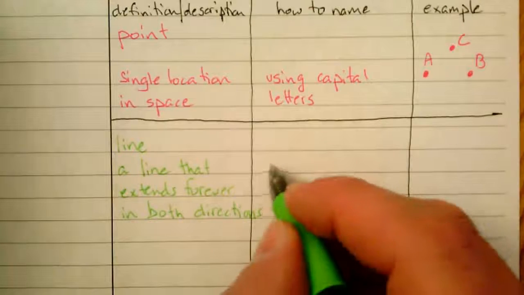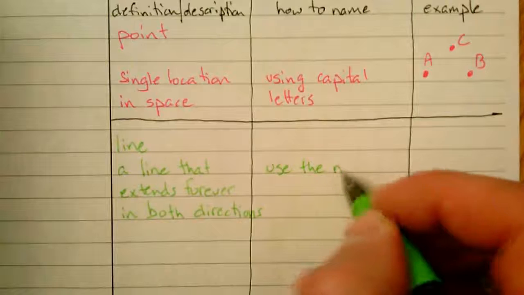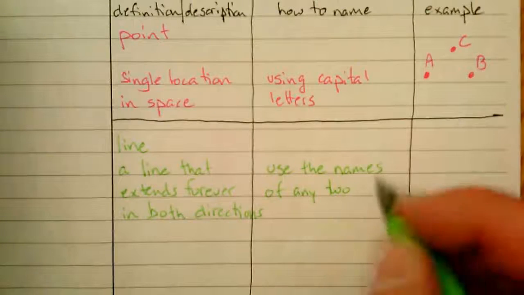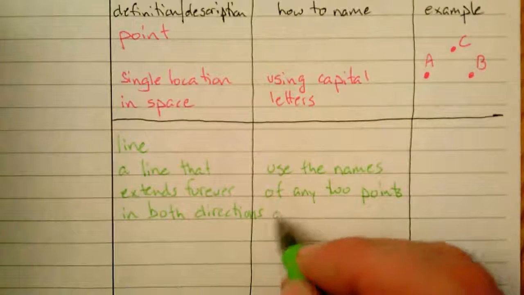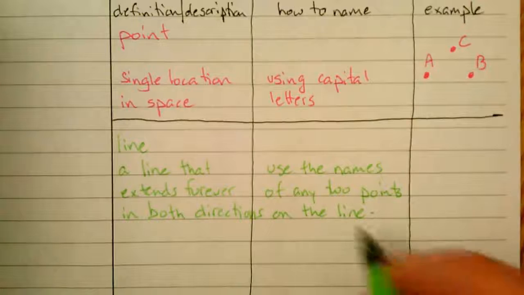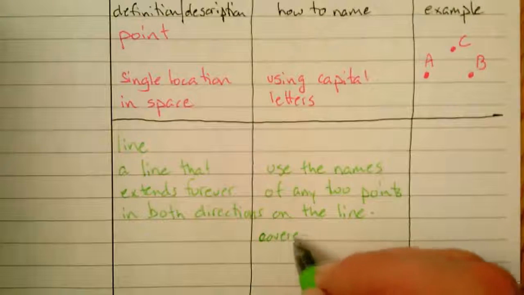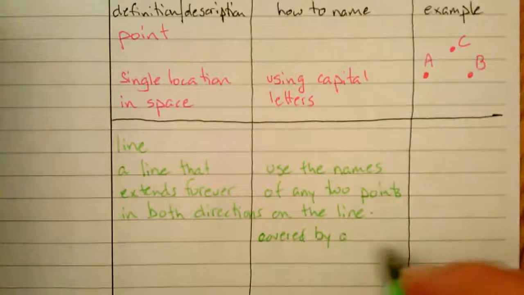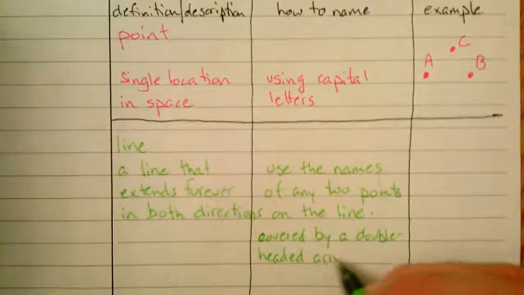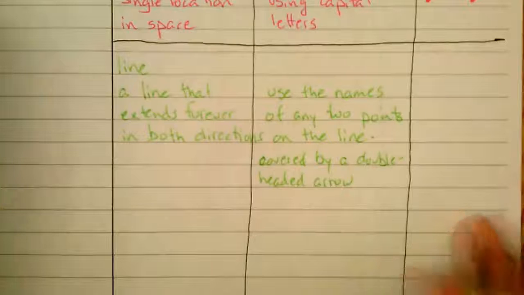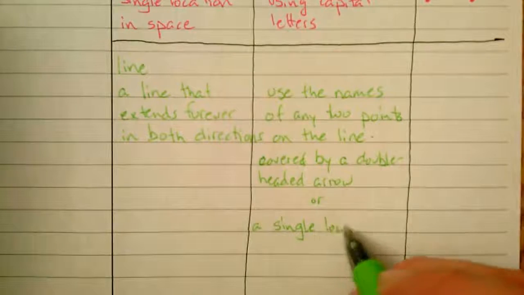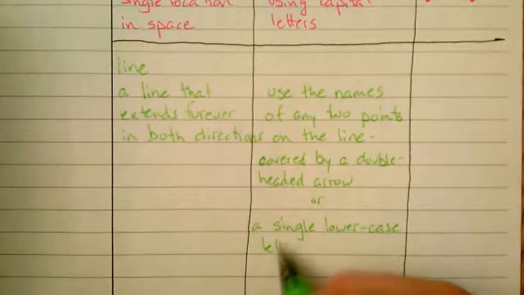To name it, we use the names of any two points on the line, covered by a double-headed arrow, or a single lowercase letter.